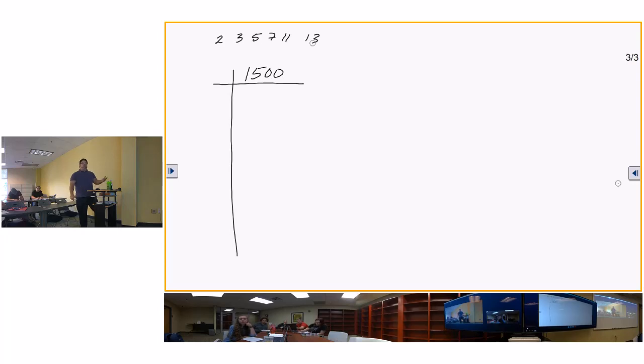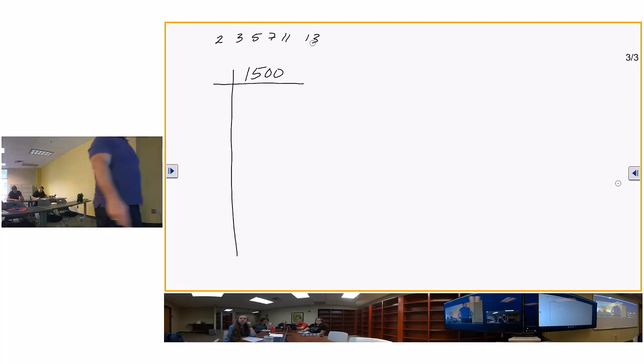If you want to use 2 times 750, you can use that. You're going to get the same answer. How many times will 5 go into 15? 3 times, so that would be 300. You could divide 5 into 1500. So there is not only one way to do 1500.